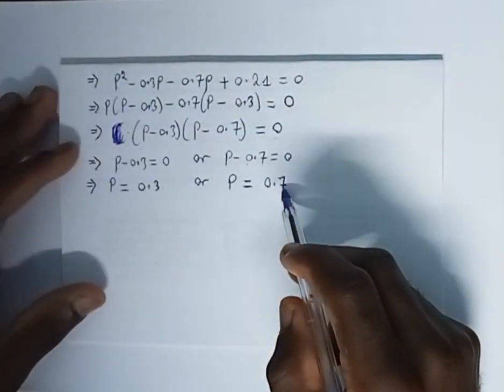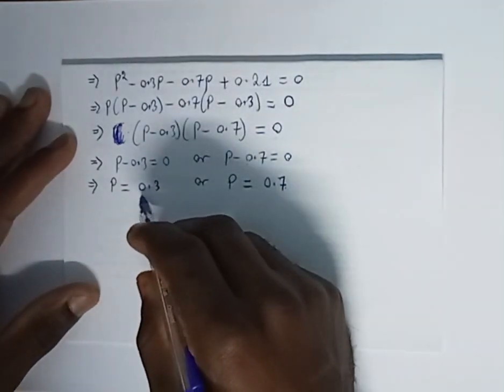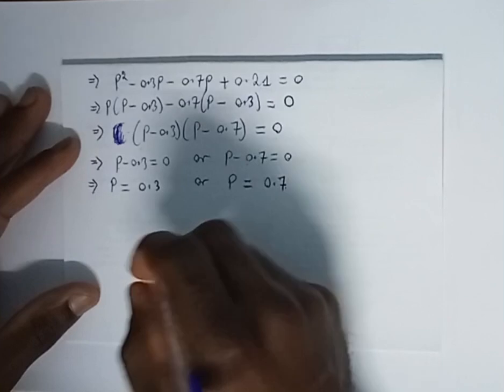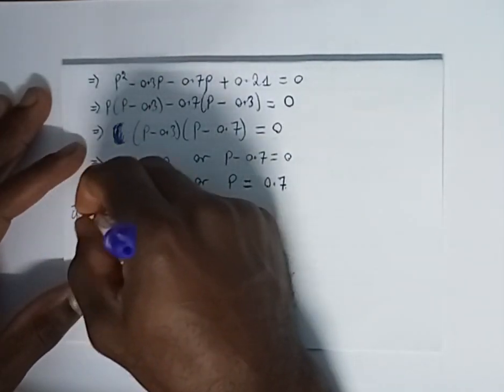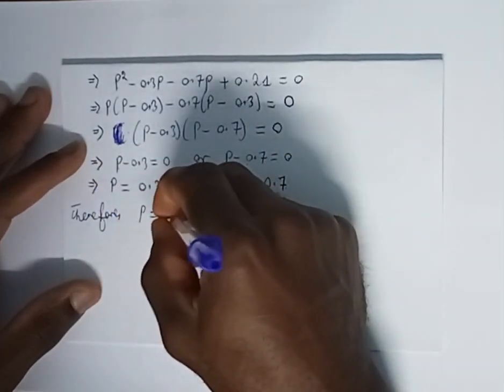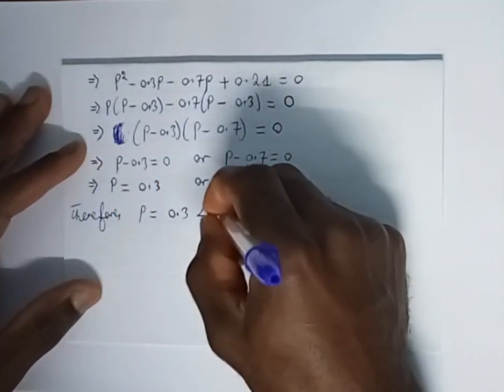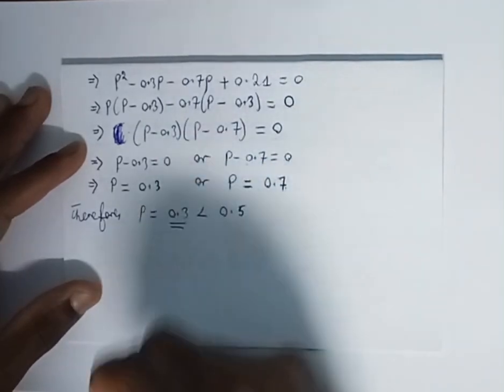You'll see that 0.7 is greater than 0.5. Therefore, P will simply be 0.3, since it is less than 0.5. So this is the value of P.